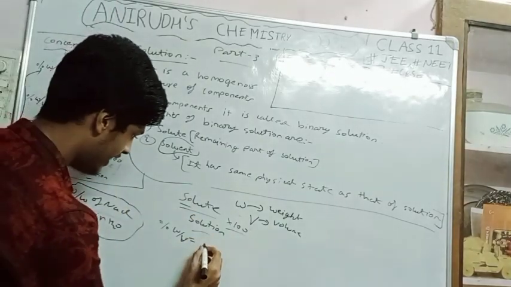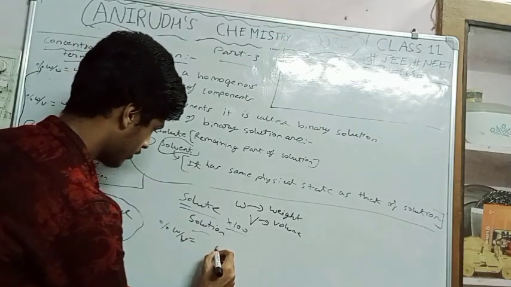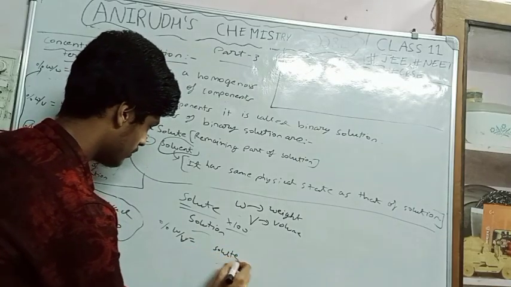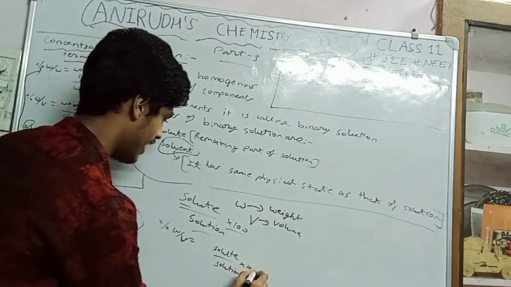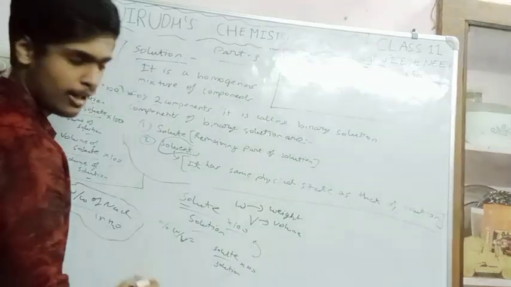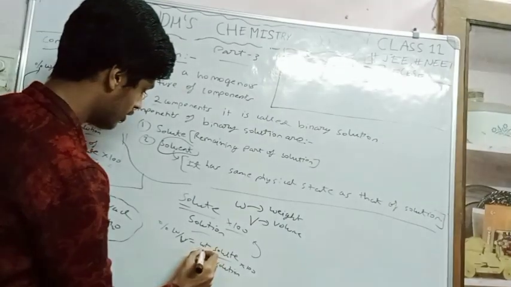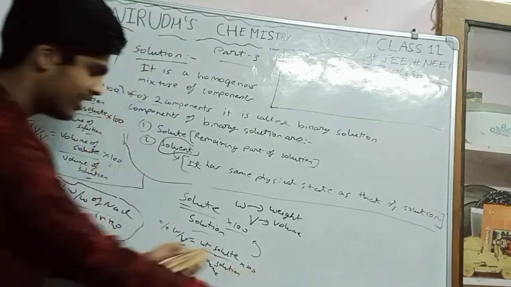Just simply write solute by solution into 100. What they ask? W means weight, so weight of solute by V means volume, that's volume of solution. That's it.